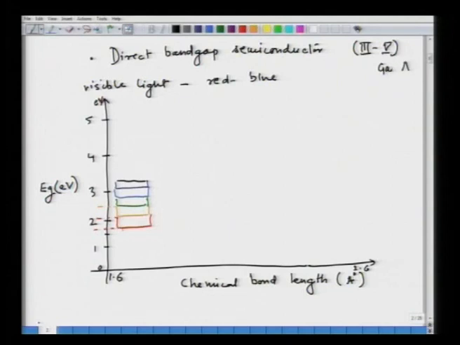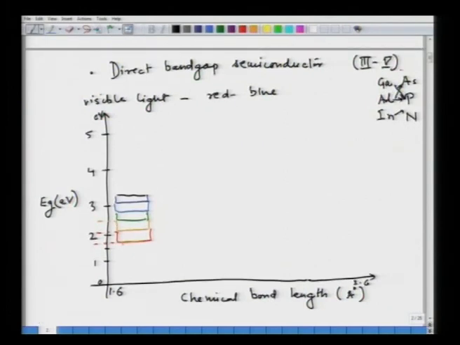So, gallium arsenide. In the fifth group we have option of phosphorus, arsenic and nitrogen. In the third group we have the option of gallium, aluminum and indium. So, we can do the mixing and matching in any of these combinations, and that gives us the 3-5 system.